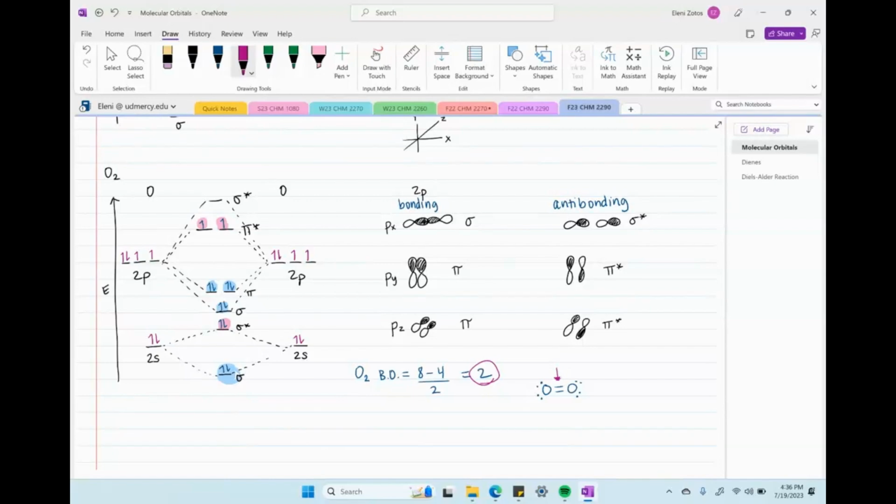Now, one other thing that I want to cover in this video is vocabulary and how we describe 2 specific orbitals for different molecules. The orbital that we're talking about can change, but we use labels for the lowest unoccupied molecular orbital. In this case, it is the sigma star orbital.